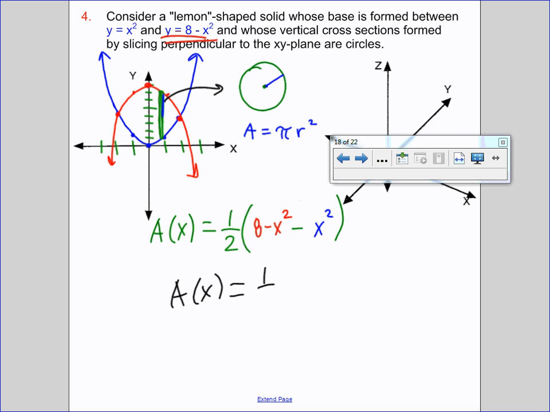So I get 1/2 times quantity 8 minus 2x squared. So I get 4 minus x squared as my radius. I just did radius.